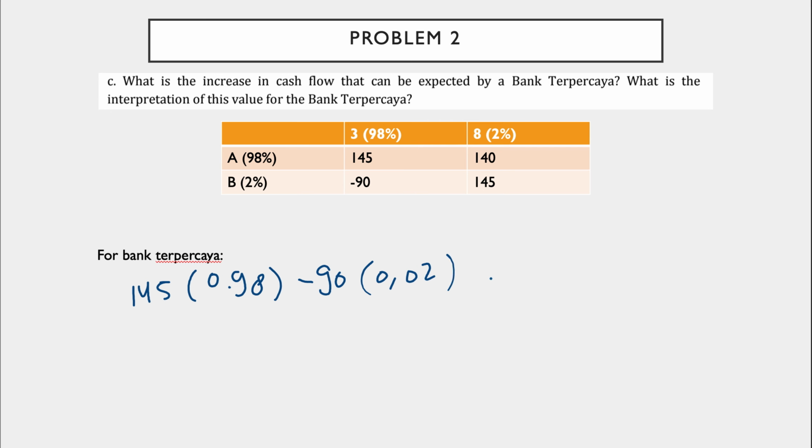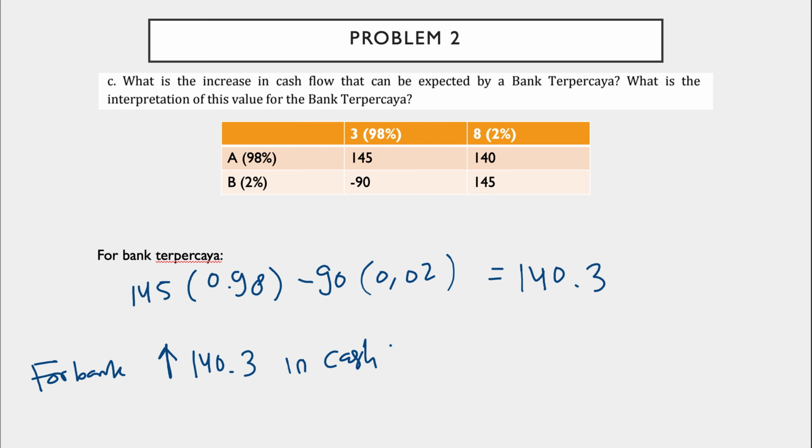If you calculate this, we will have 140.3 thousand rupiah in increase of cash flow. So the interpretation is that for Bang Terpercaya, there will be an increase of 140.3 in cash flow.